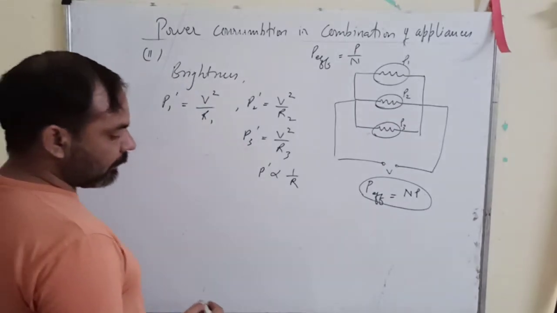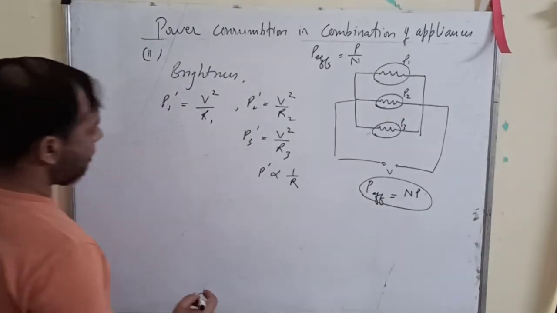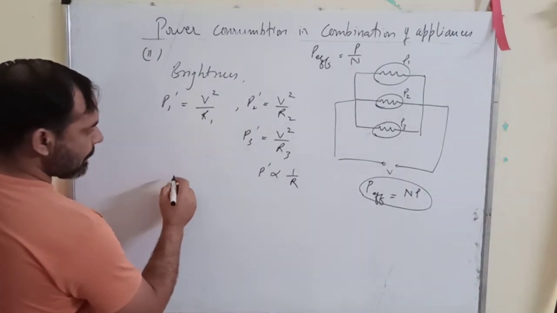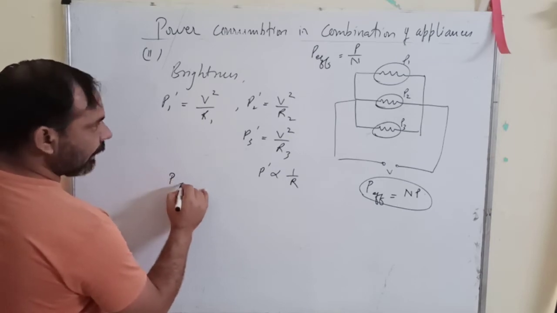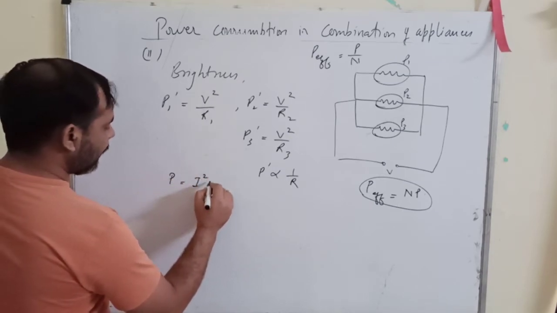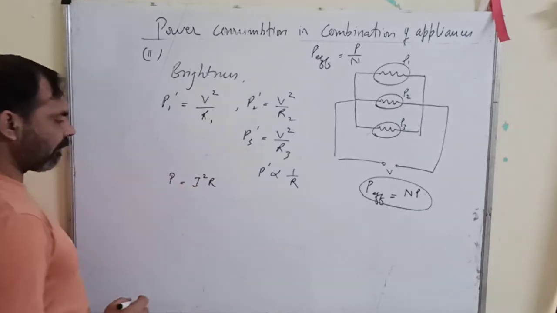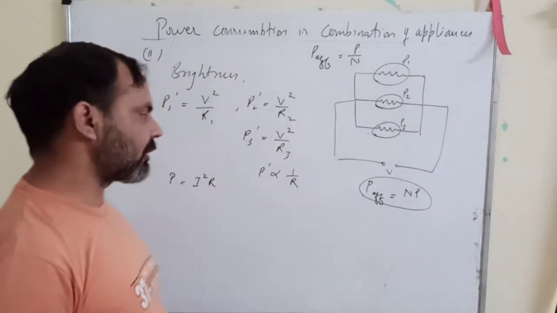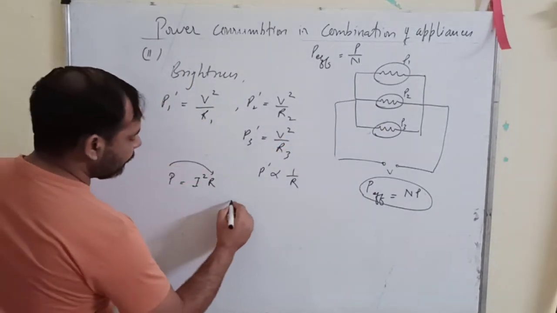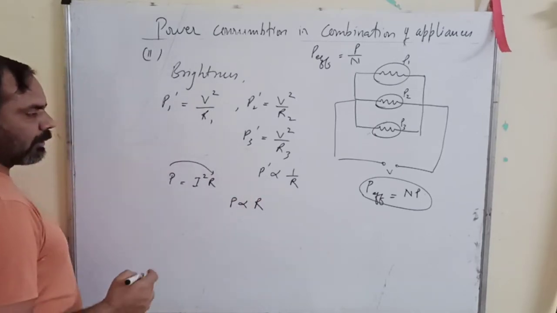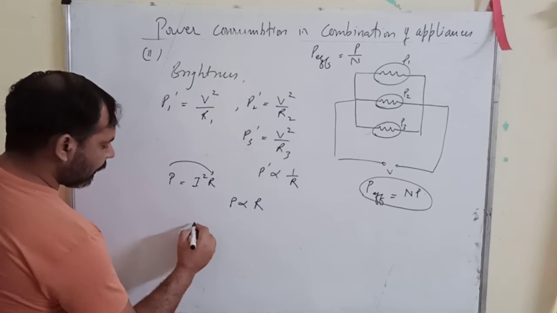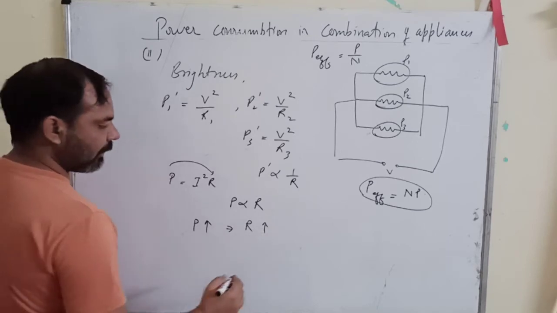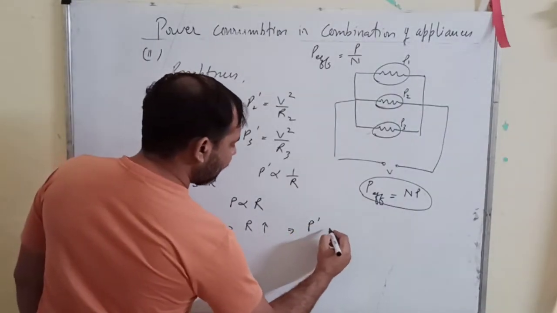And the power here is I square R. The power of the appliance in parallel combination depends directly on R. P is directly proportional to R. So it means that if the power rating is higher, R will be higher, and P dash will be lower.